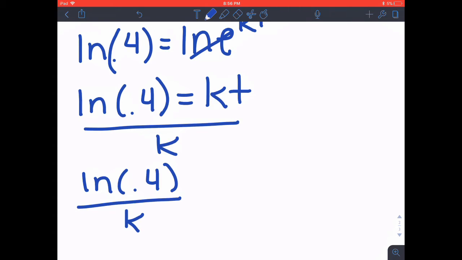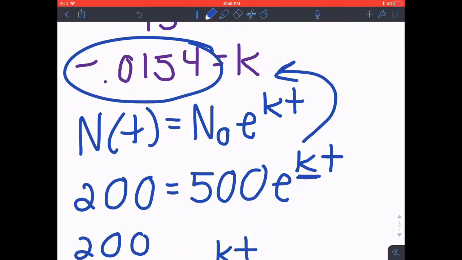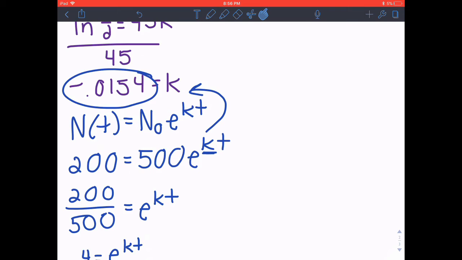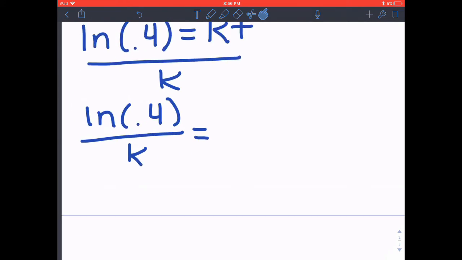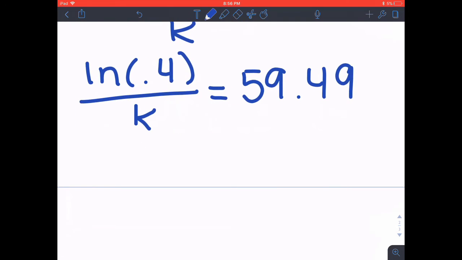In this instance, when you plug it into the calculator, again, you can either use the rounded number for K, or you can use the number for K that is not rounded. It's up to you. So the number we're going to plug in again is negative 0.0154, either rounded or unrounded. And so when you plug that in, the answer that you get is 59.49 days.